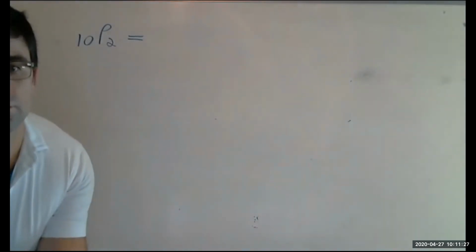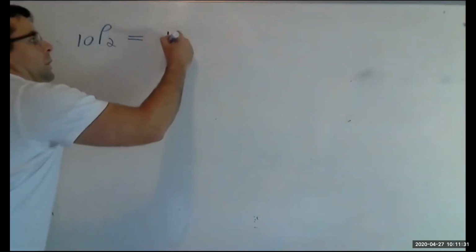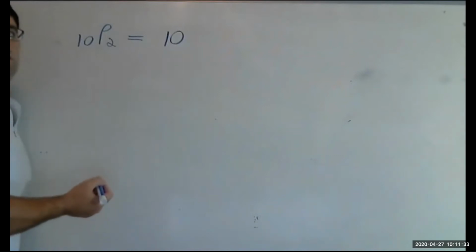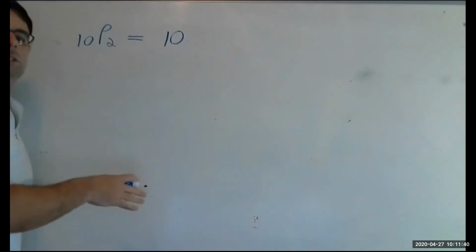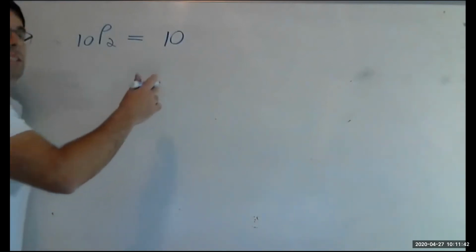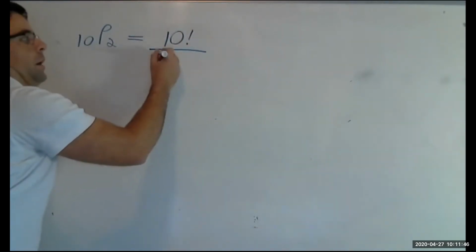Ten, right? Okay, so you're going to start with 10. It would be 10 factorial. So if you want to do the full dividing version, then it would be 10 factorial over what? 10 minus 2. Very good.